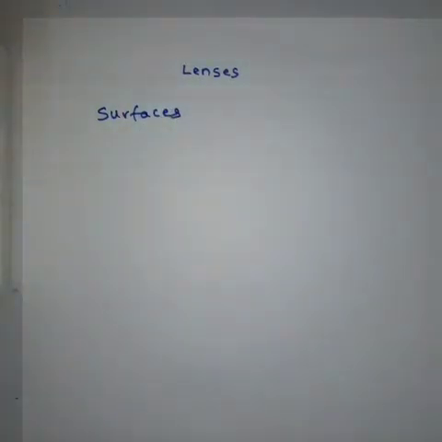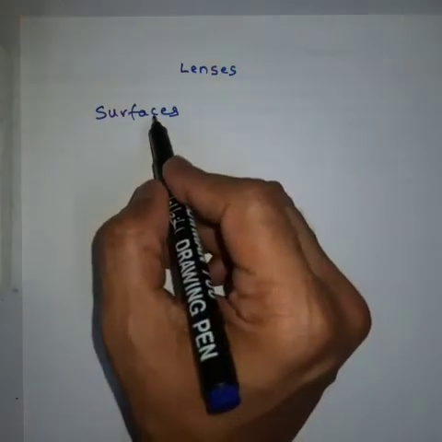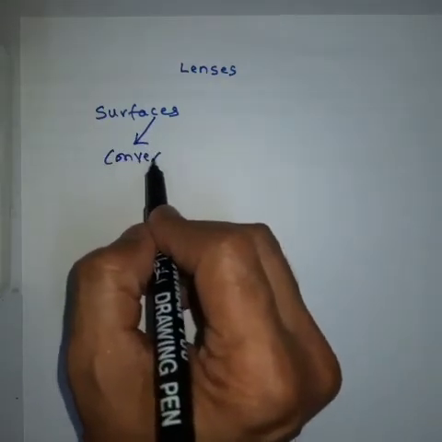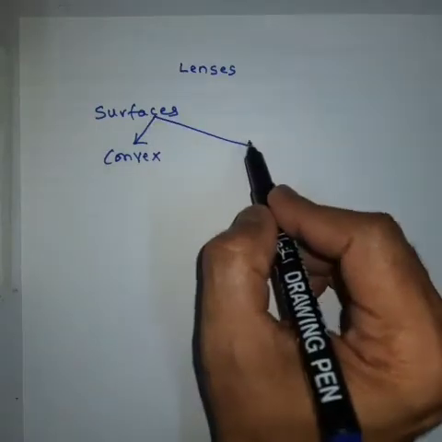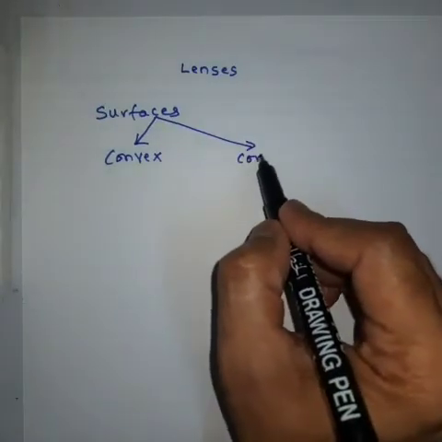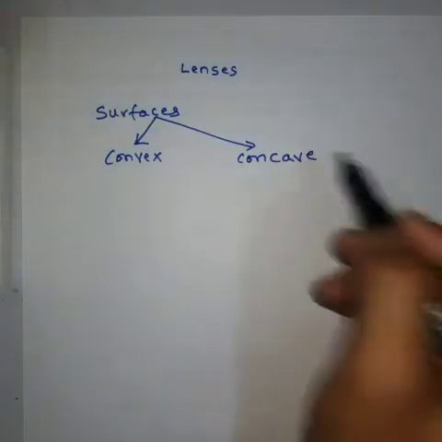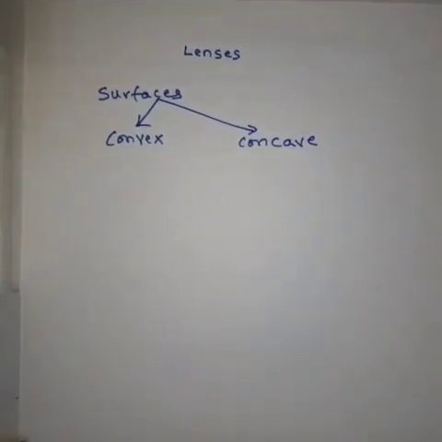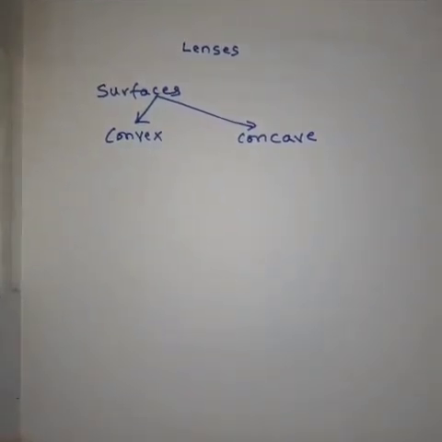When I say surfaces, there are two types of surfaces we will be discussing in this chapter: one is the convex spherical surface and the other is the concave spherical surface. So how do they look when we draw the diagram?